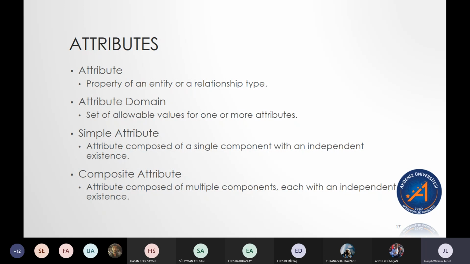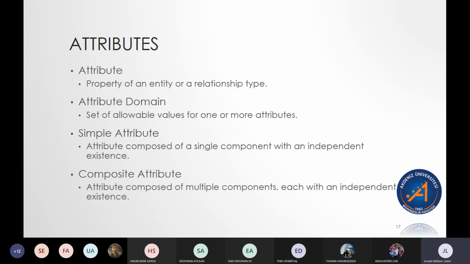Now, the reason why we might want to have a composite attribute, because you might say to me, well, couldn't we just store the address as one long string of characters? And yes, you can. You can store an address as one long varchar or whatever, or text or whatever.